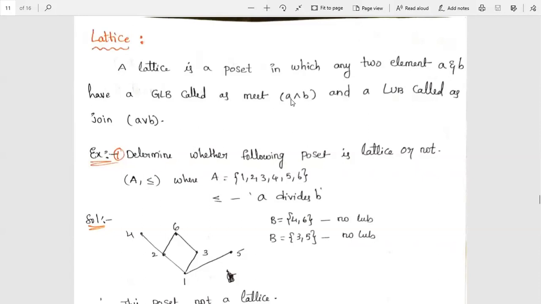It is represented by A meet B, and we can consider it like intersection.